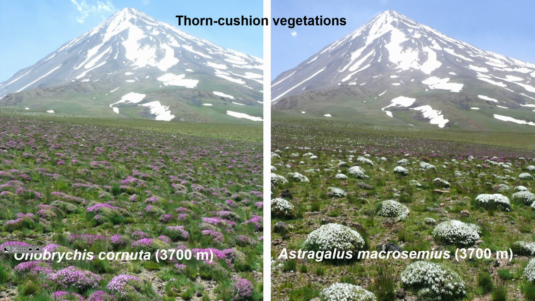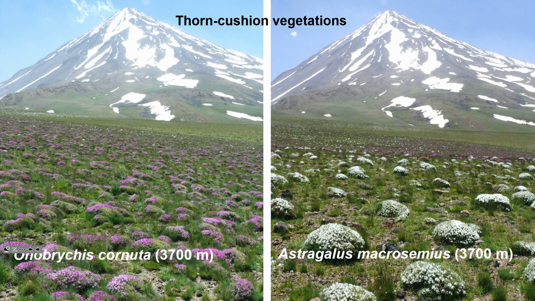Now look at the thorn cushion vegetation types with a few species like Onobrychis cornuta, this pink cushion, and Astragalus macrosemius.